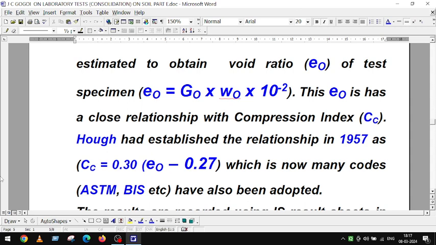So now if somebody says that there is no necessity of conducting the test, yes, this equation is sufficient to calculate it.